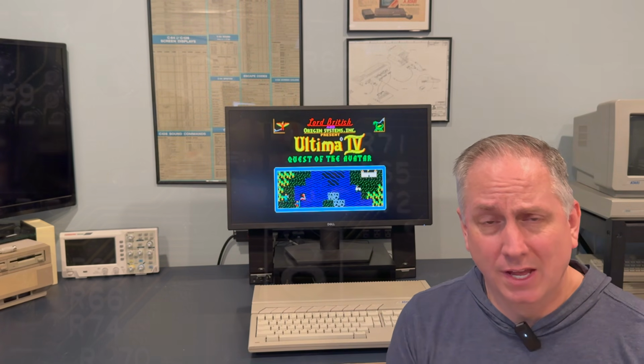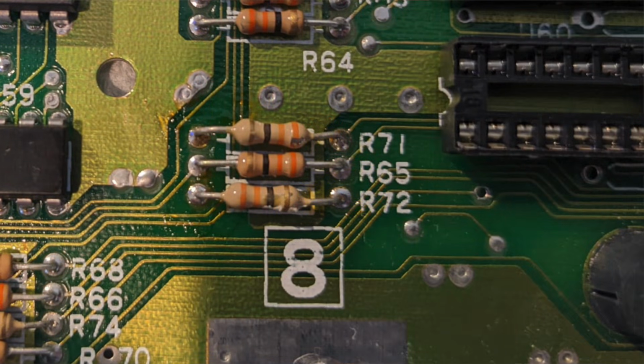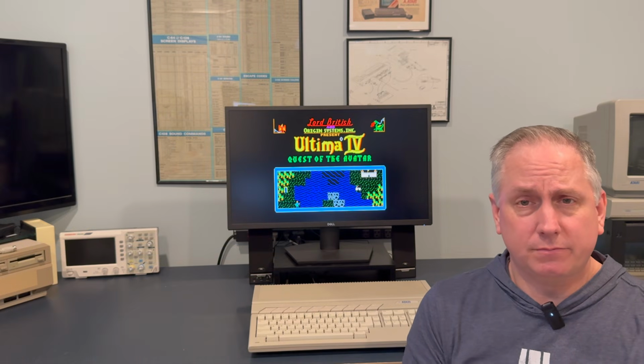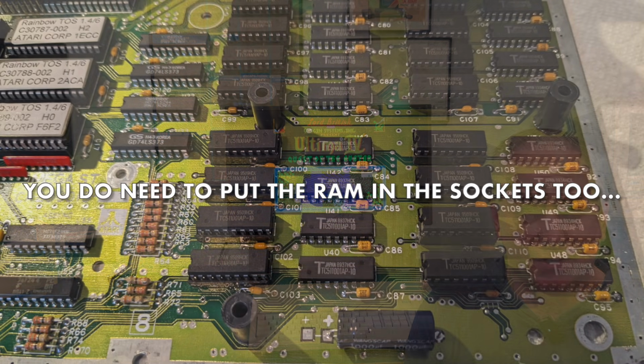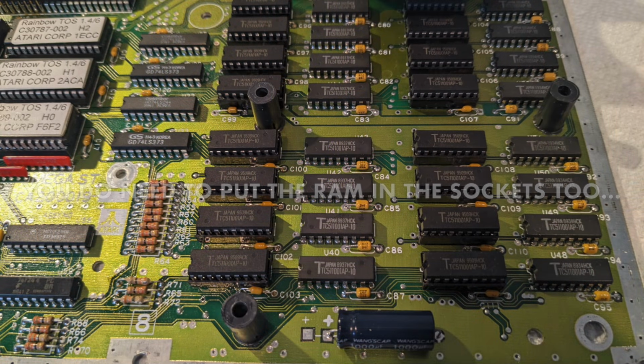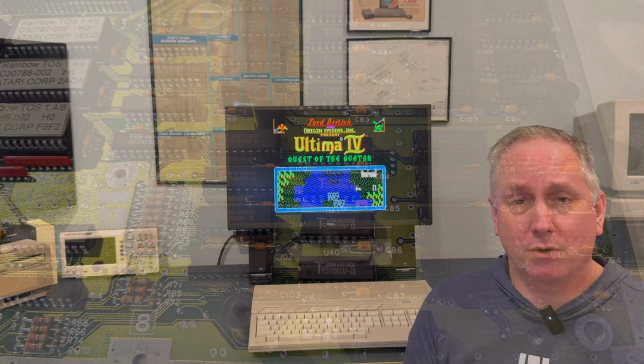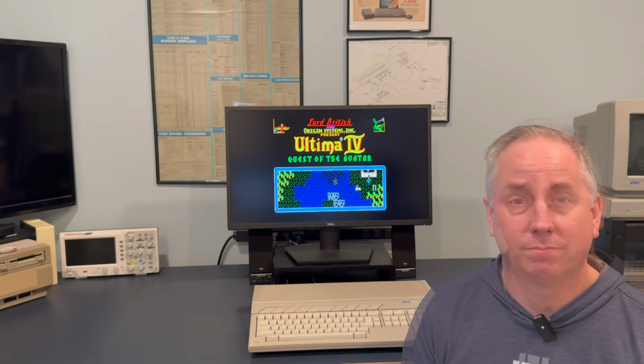And then step number 4 would be to add 3 resistors. Sometimes they're there, sometimes they're not, but you'd add those three resistors in place as well. And voila, you've doubled your RAM from 512 kilobytes to 1 megabyte, or from 2 megabytes to 4 megabytes.